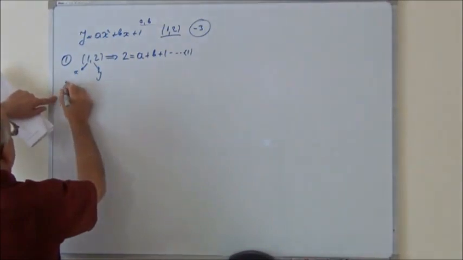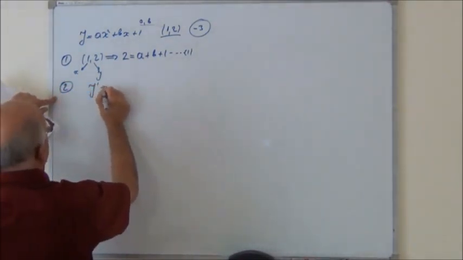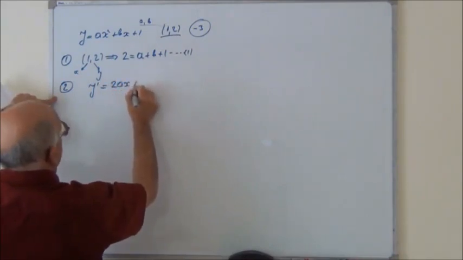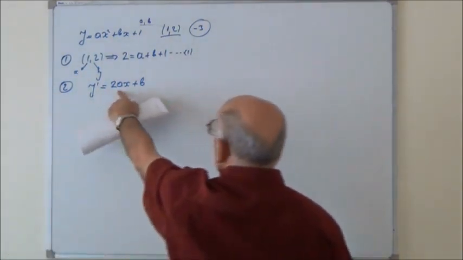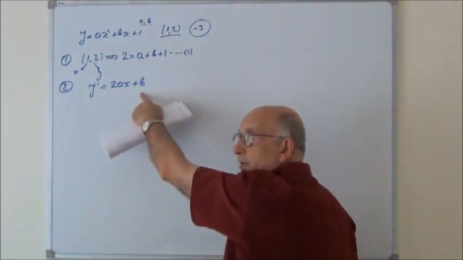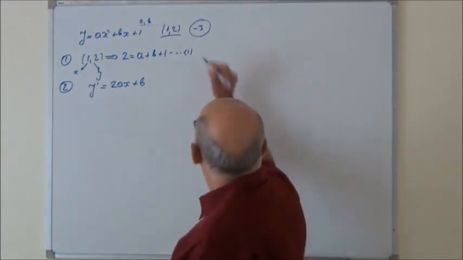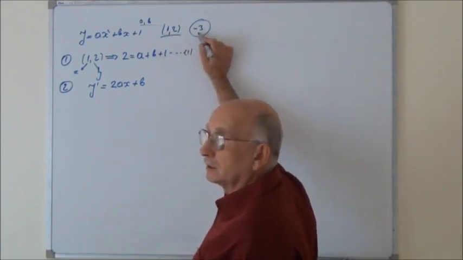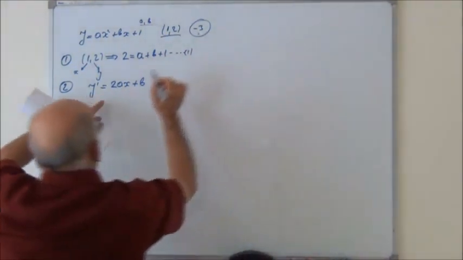So for the second equation, we have to find y dash, that is 2ax plus b. So this is a rule for the gradient at any point. Now we are using the coordinates of the same point, and the gradient is minus 3.